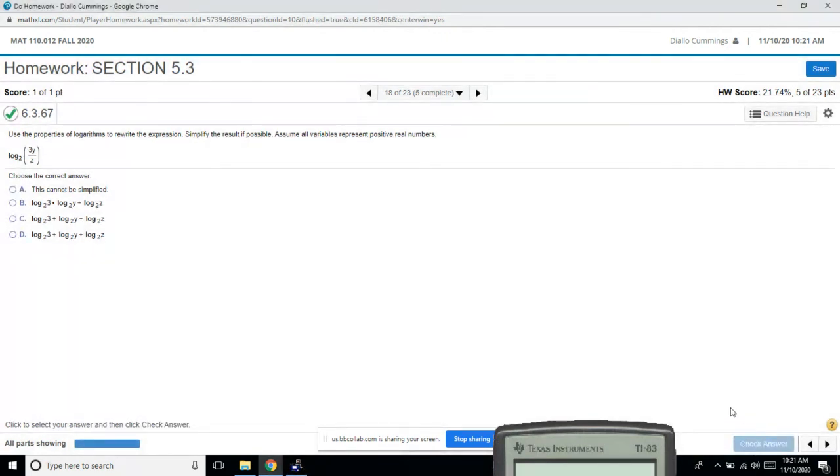In problem 18, we're asked to use the properties to rewrite the expression. We're given the log base 2 of 3y divided by z. Okay, so I'm going to go back to our document camera.